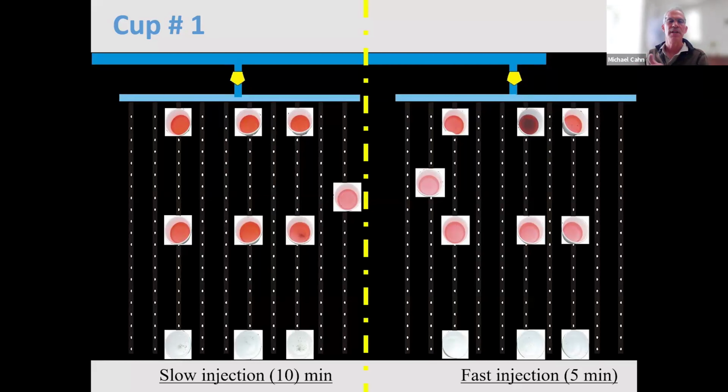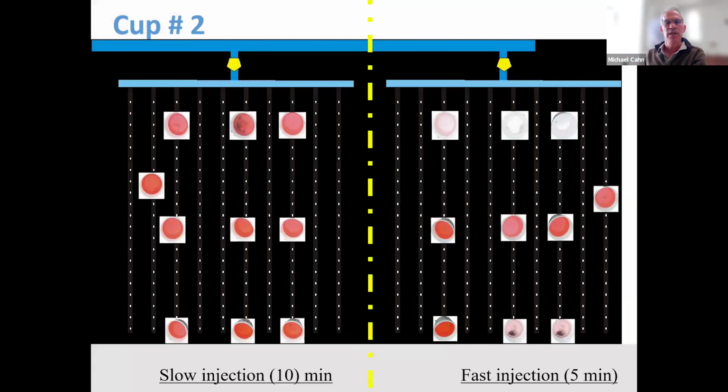So for half of the irrigation we collected the dye in cup one, and then we switched to cup two for the second half of the irrigation. So you can see with the slow injection, it doesn't look too much different than the fast injection for cup one. But at the latter part of the irrigation, cup two, the fertilizer or the dye looks a little more uniform than with the fast injection.